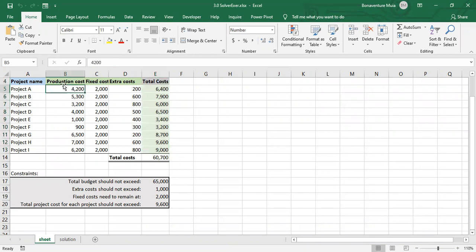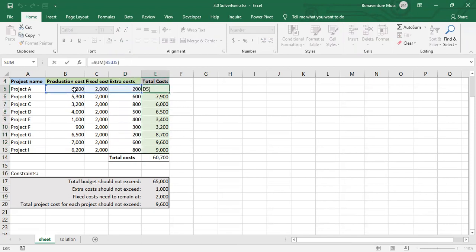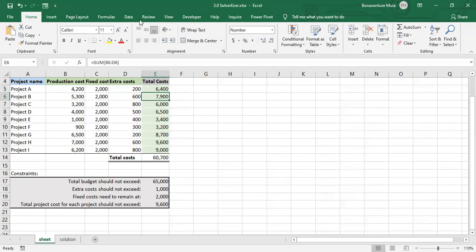So what you're going to change here is, you can change the production cost, you can change the fixed cost, you can even change the extra costs, but not the total cost, because the total cost is a calculated field that is gotten by the sum of all that. So I've attempted that.